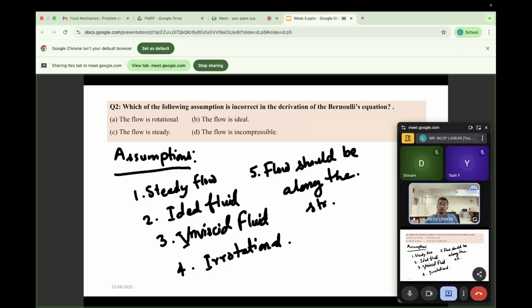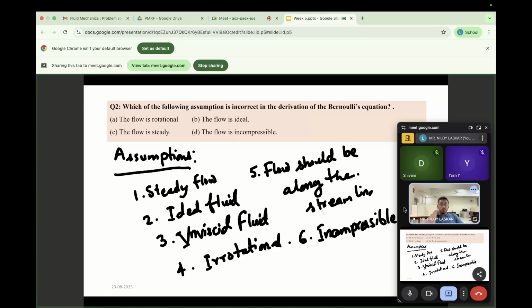And last, the fluid should be incompressible. This is quite important. Many people confuse compressible and incompressible. Incompressible means the density will not change, and compressible means the density can change. Okay.